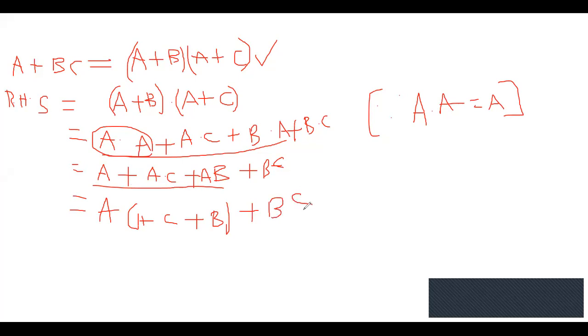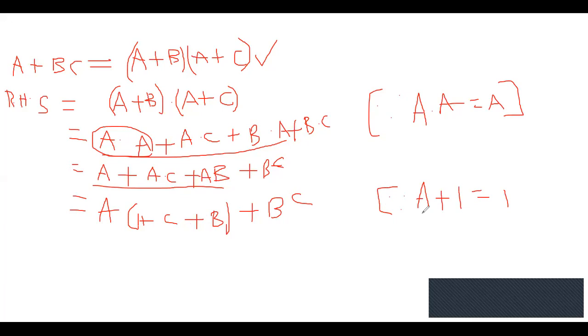Here, 1 plus C plus B. If any variable is added with 1, then what do we get? 1 only. OR law. In OR laws, we learned this. Do you remember? A plus 1 is equal to 1.